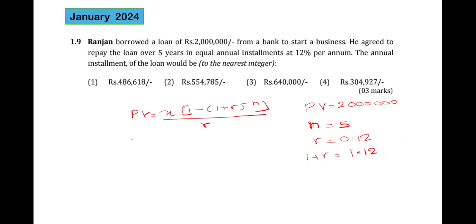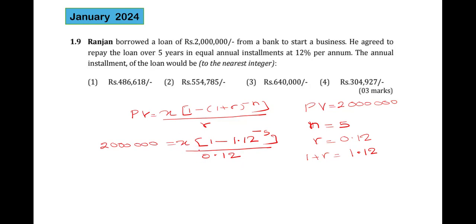Now, what do we apply? PV equals 2 million, equals, we don't know the value of X, times 1 minus 1 plus R, we know the value, 1.12 to the power minus 5, divided by 0.12, which is R. Now we can make X the subject.